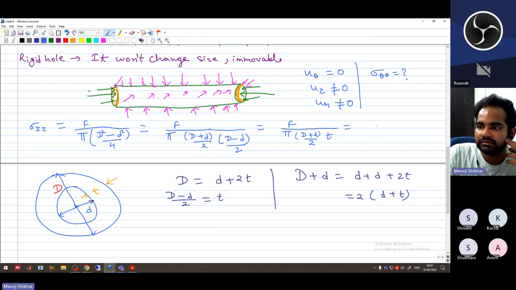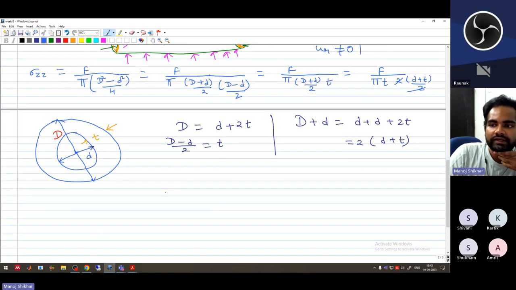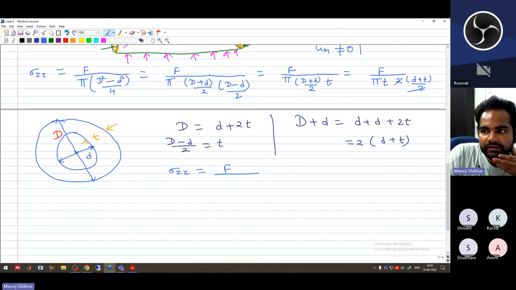This is nothing but F by pi t into 2(d plus t) divided by 2. So we will get sigma zz equal to F by pi t (d plus t), where d is the internal diameter.